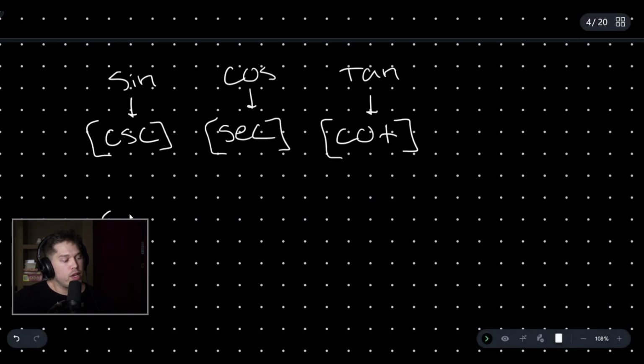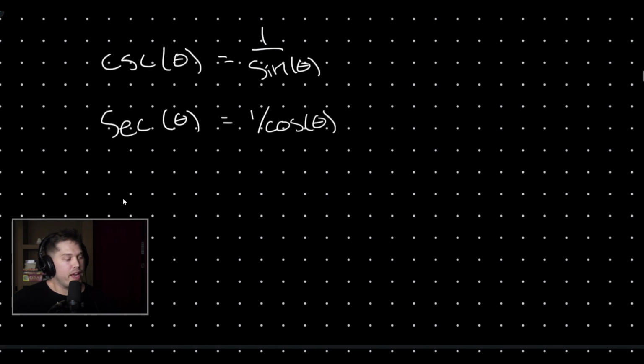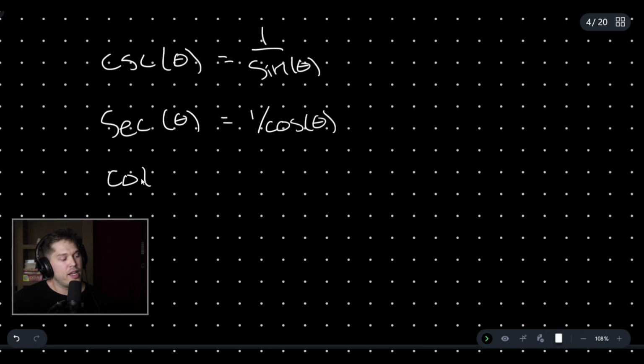In other words, cosecant of theta of some angle is equal to 1 over sine of some angle. And that's true for all of them. Secant is going to be equal to 1 over cosine. And cotangent is going to be equal to 1 over tangent.